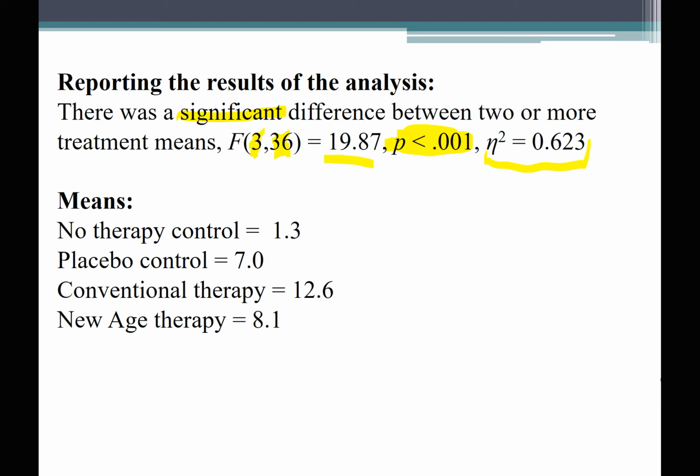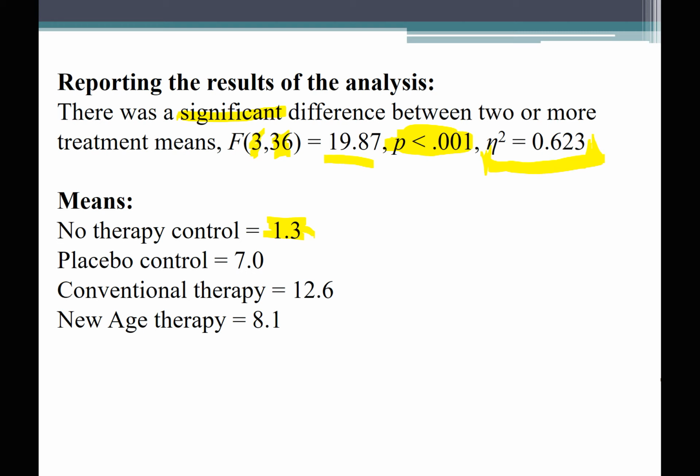And down below we show the means for our 4 groups. The no therapy group had a mean mobility improvement of 1.3, placebo got a mean improvement of 7, conventional therapy was 12.6, and new age therapy saw a mean improvement of 8.1.